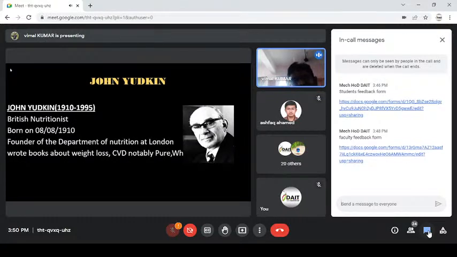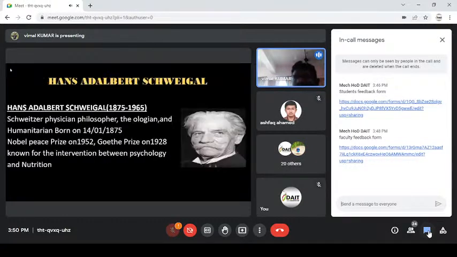Or if he is lesser than the body mass index, then he will be called underweight. Okay, why the weight loss is occurring and how to overcome it, all these things were discussed by John Yudkin. Okay, like that, n number of scientists played a vital role in the scientific process. That is the reason I had collected all these things, and I am presenting in front of you.